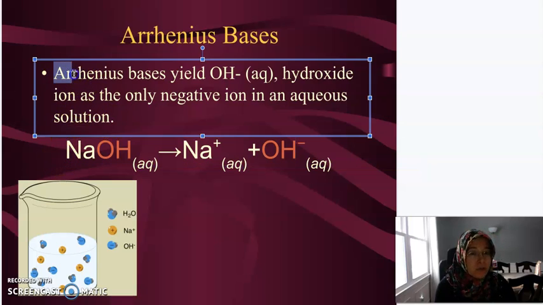Arrhenius bases yield hydroxide, in aqueous solution, as the only negative ion. If a compound increases the concentration of OH, the hydroxide ion, then we call it a base.